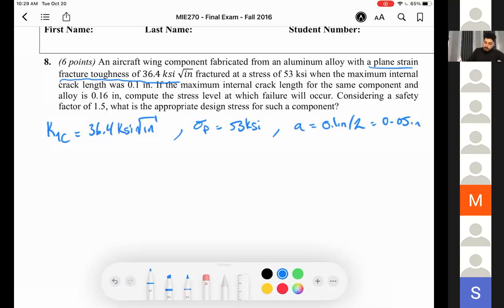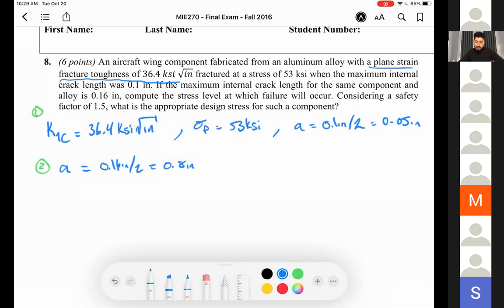So this is our condition 1, and our second condition is if our crack length is equal to 0.16 inches divided by 2, which is equal to 0.8 inches. We good so far?